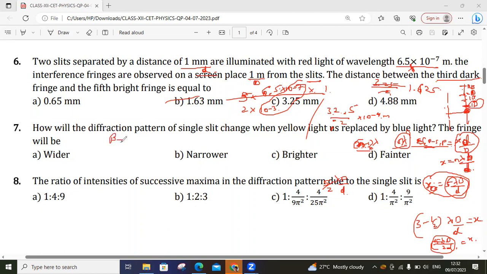So fringe width, if you see, it is lambda d by d. Now yellow light and blue light, if you see VIBGYOR, lambda of red is more. So more lambda implies more wider, right? More wider will be the fringe. The fringe width increases. Yellow was there, now it is replaced by blue.